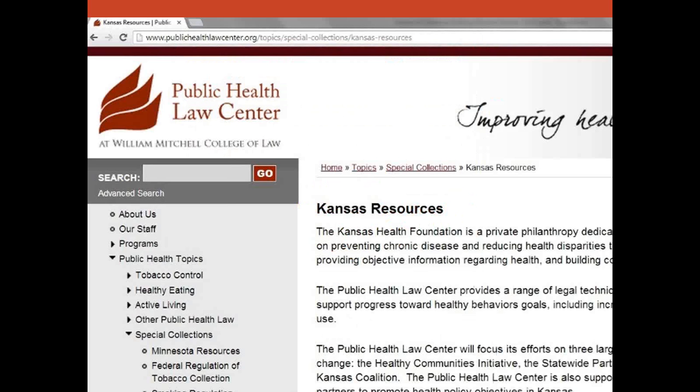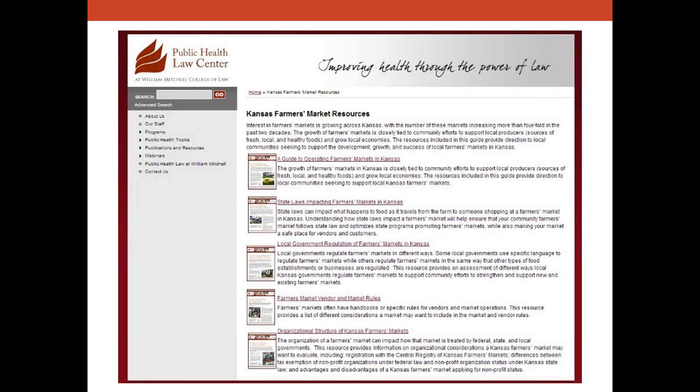That being said, we are really excited. We actually relaunched our Kansas webpage, and so here's the website. It's up there in your upper left-hand corner under Kansas Resources. We're excited to say that we have 2 new specific pages highlighted on that page. One is a list of resources that I'm sure you've gotten through the emails on farmers markets.